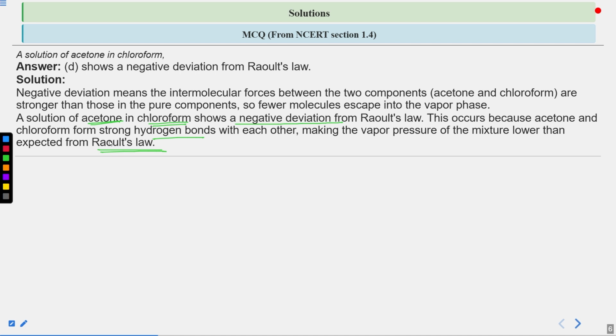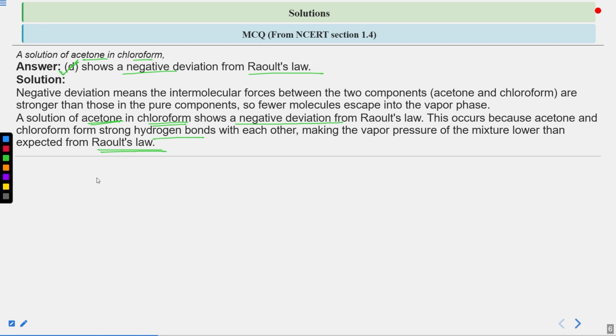So that is the whole reason, and the correct answer is option D, which says that the solution of acetone in chloroform shows negative deviation from Raoult's law. Hence the correct answer is option D.